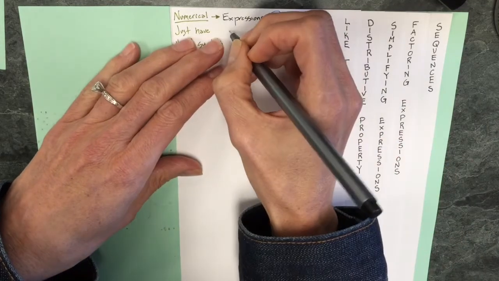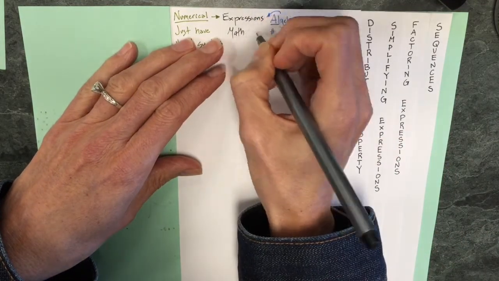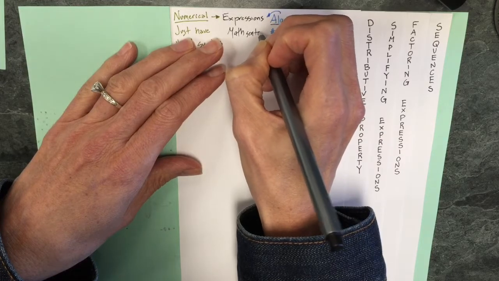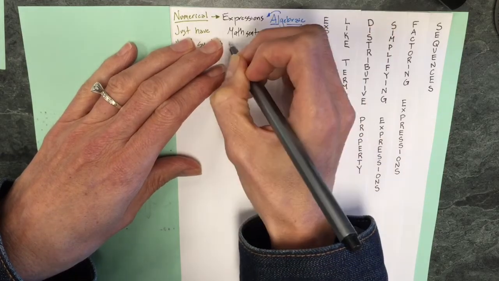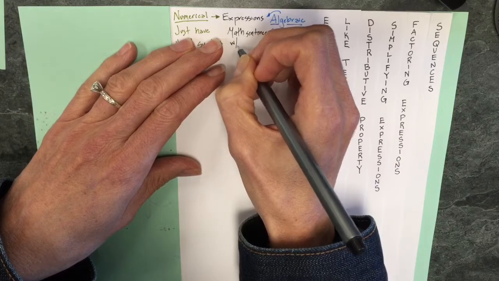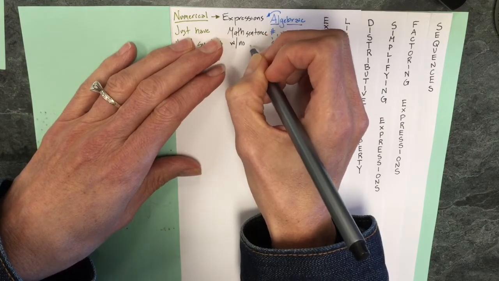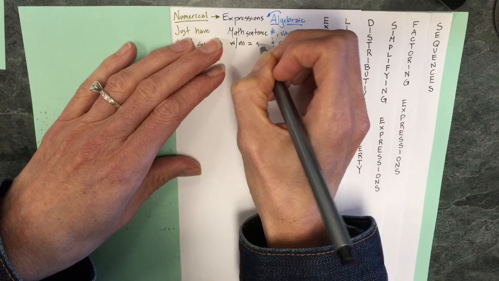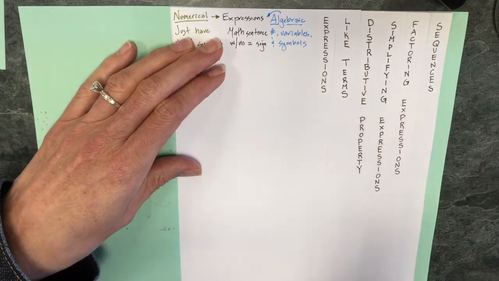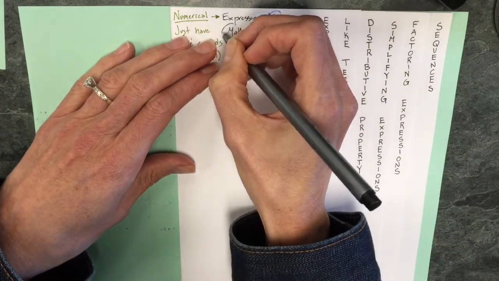So an expression is a math sentence with no equal sign. That's the difference between an expression and an equation.